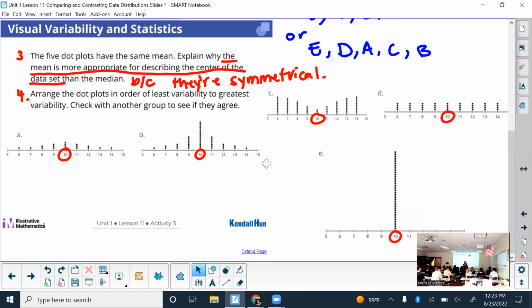The least spread out is E, right? Because it only has the one value. So that's the one that has the least variability. On your notes yesterday when you ordered it, you should have had E first. Then what is the next least spread out?